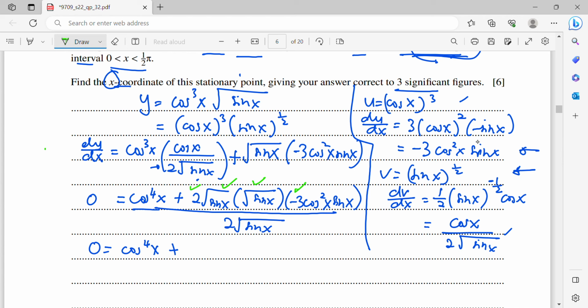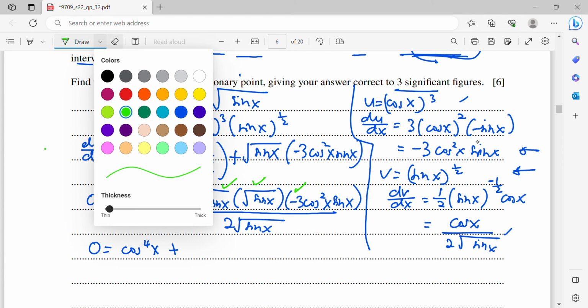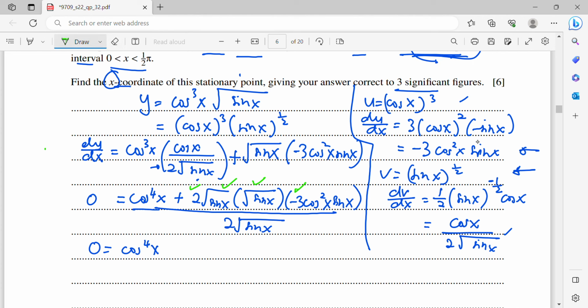Minus 3 times plus 2 becomes minus 6, so I will write minus 6. The square root becomes sine, then I still have the cos square x. And don't forget there's one more sine at the back, so this sine with that sine becomes sine squared. So I'm getting this now.